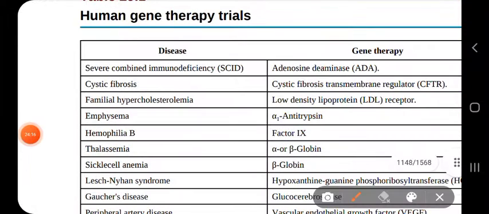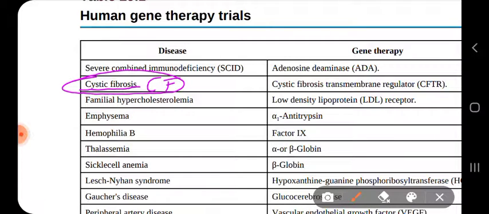Next, we will see about this disease also, cystic fibrosis. In short, we write it as CF. This cystic fibrosis occurs due to the defectiveness of a gene which is responsible for the production of the protein cystic fibrosis transmembrane regulator, CFTR.